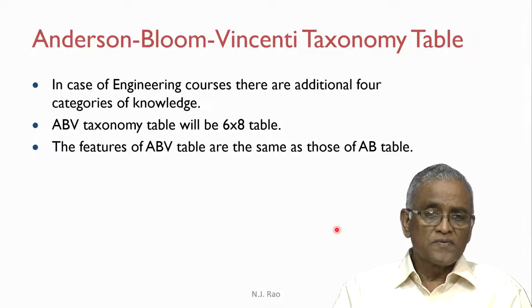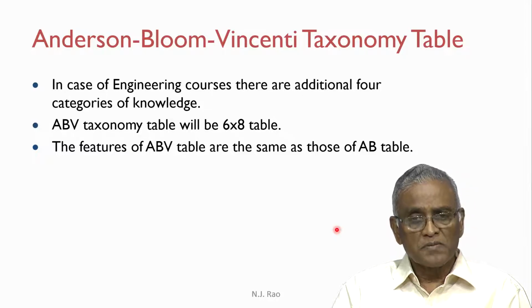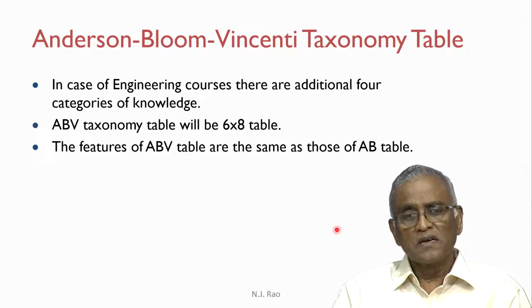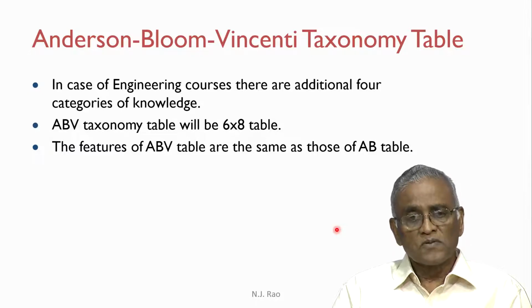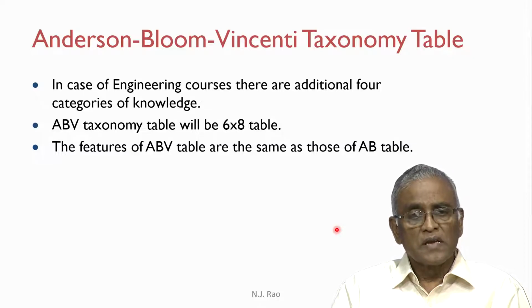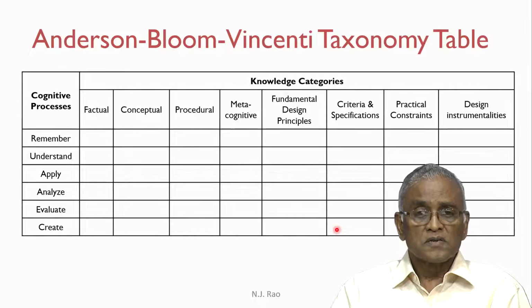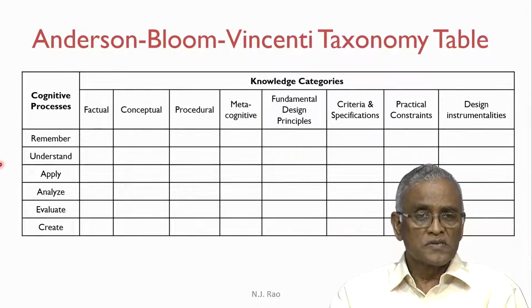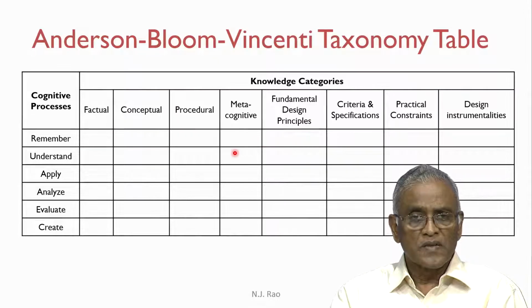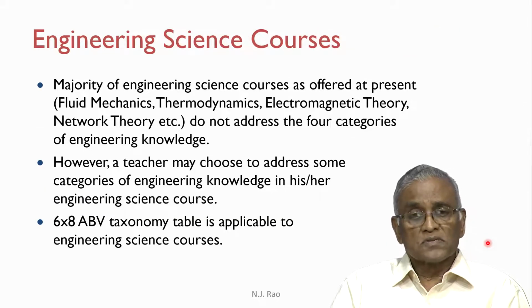And the features of the ABV table are the same as those of the AB table, in terms of hierarchy, complexity as well as difficulty. And how does the table look? It has the same 6 cognitive levels, 4 general categories here, and then 4 categories specific to engineering.